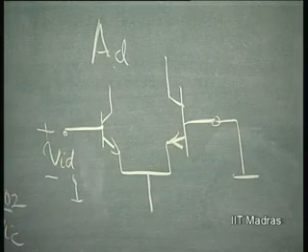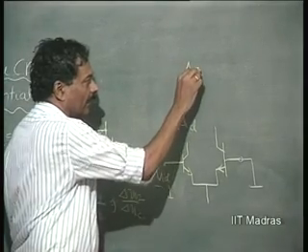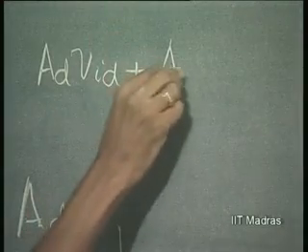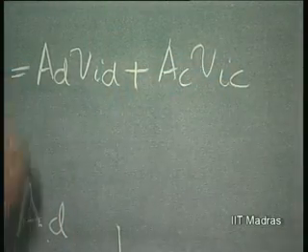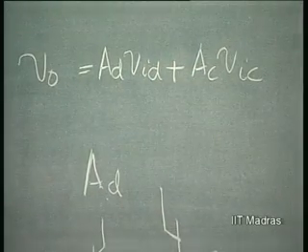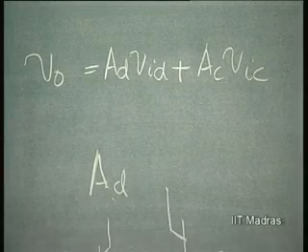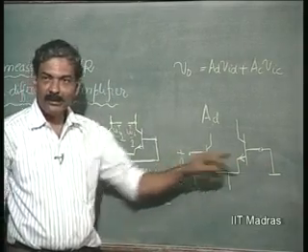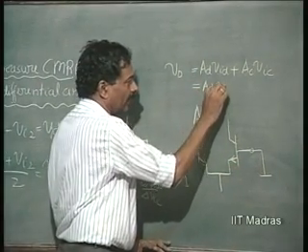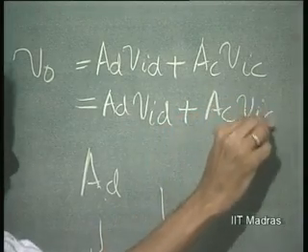This voltage is 0 and this is VID. So, what happens now? The output is AD times VID plus AC times VIC. VIC is not 0. What is VIC? VIC is 0 plus VID by 2. So, this is going to be AD into VID plus AC into VID by 2.